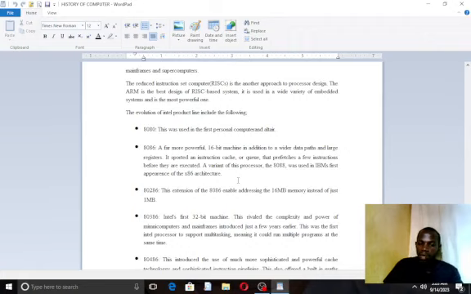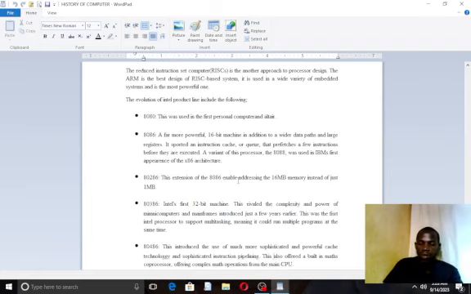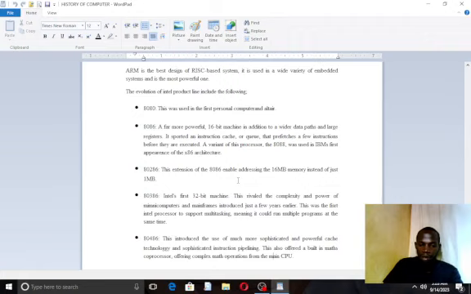Then the other one is the 80286 processor. This extension of the 8086 enabled addressing 16 MB of memory instead of 1 MB. When I say MB, I mean megabyte.